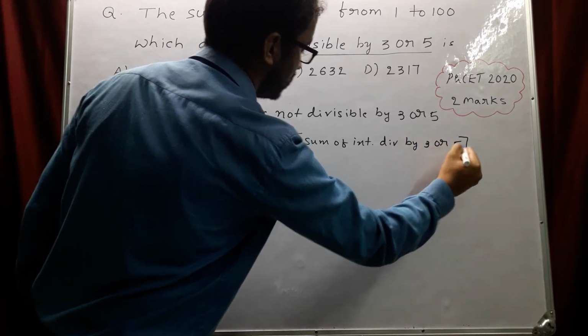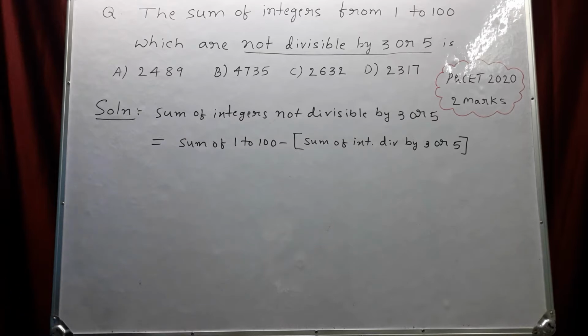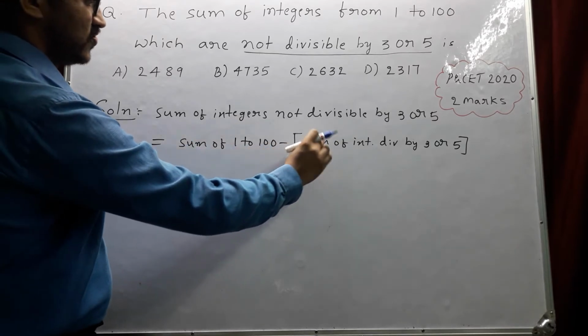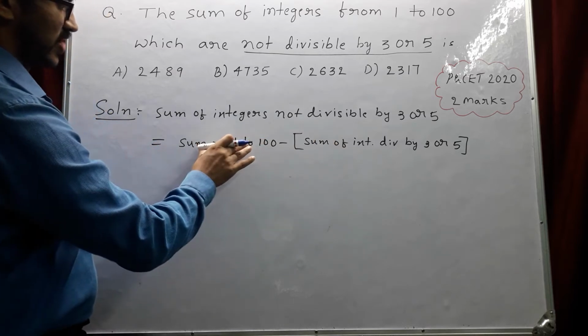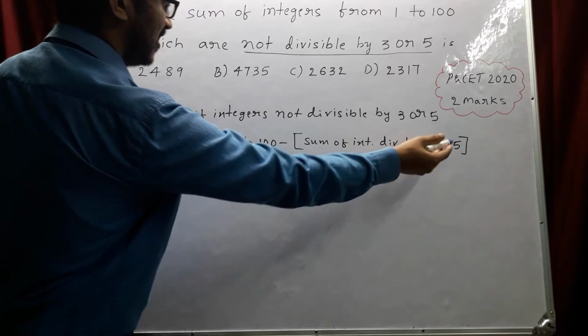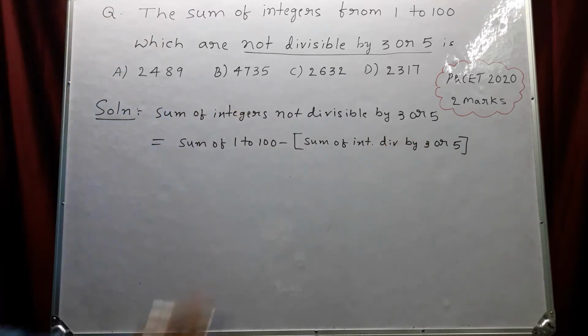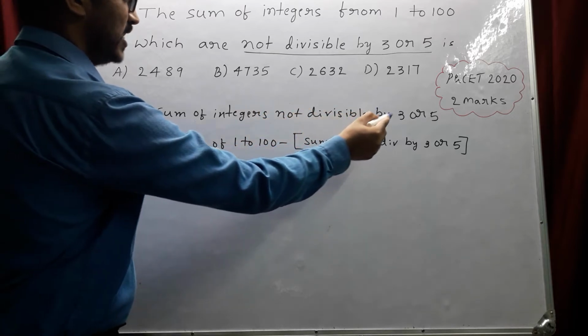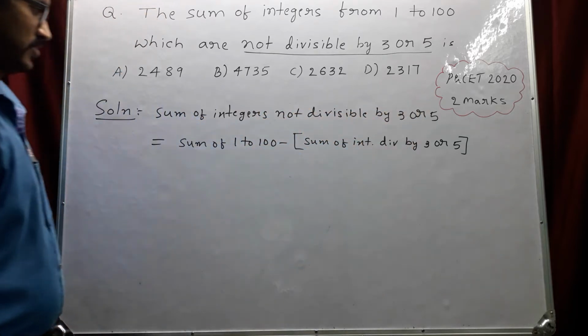If you subtract that quantity from the sum of integers from 1 to 100, we are going to get the sum of integers not divisible by 3 or 5.